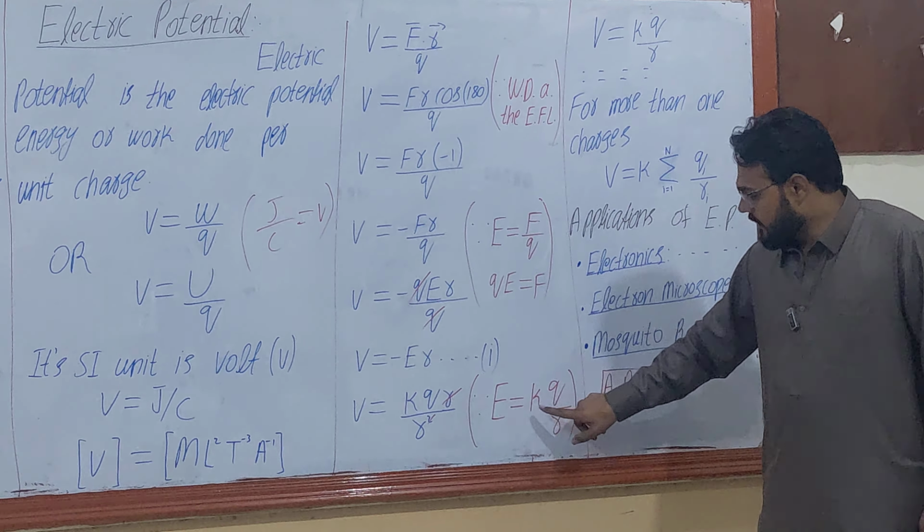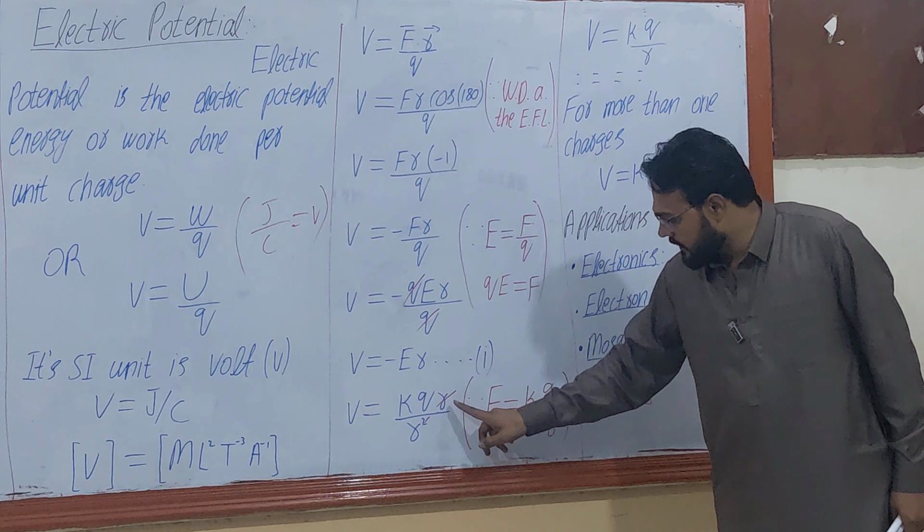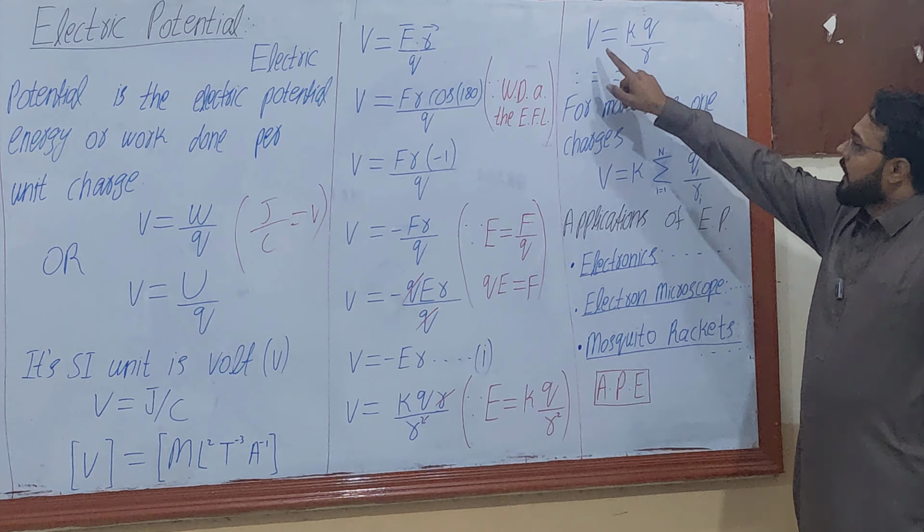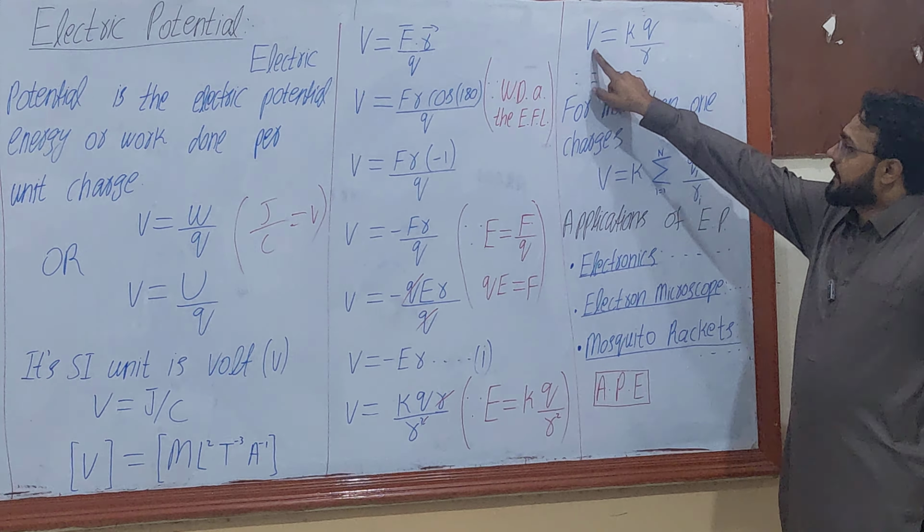By putting the value of E, the R and the square will be cancelled. Electric potential in terms of charge and distance: electric potential is directly proportional to the magnitude of charge and inversely proportional to the distance from the charge.